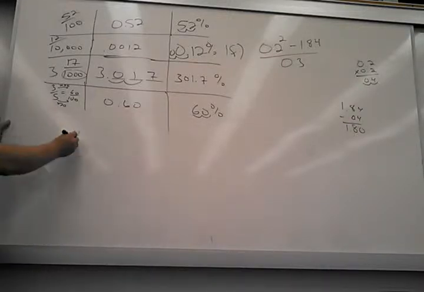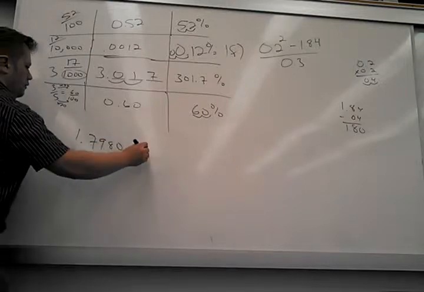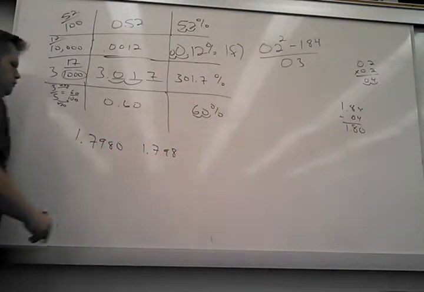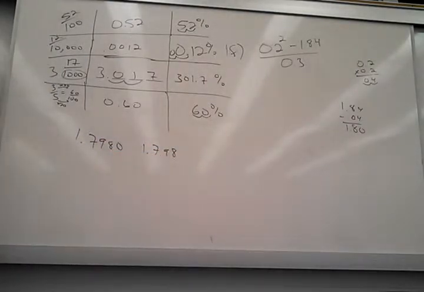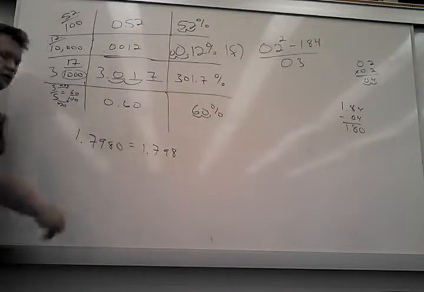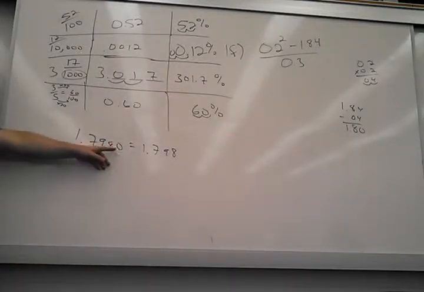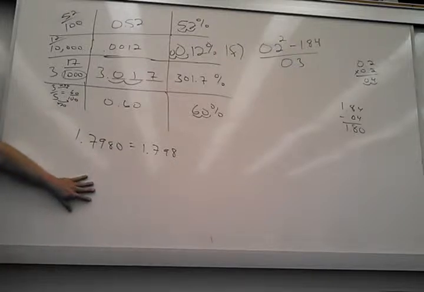Which one of these is bigger? Same. Trick question. They're both the same thing, right? They're equal to each other. Neither one of them is bigger. The 0 at the end does not change the value at all. You with me?